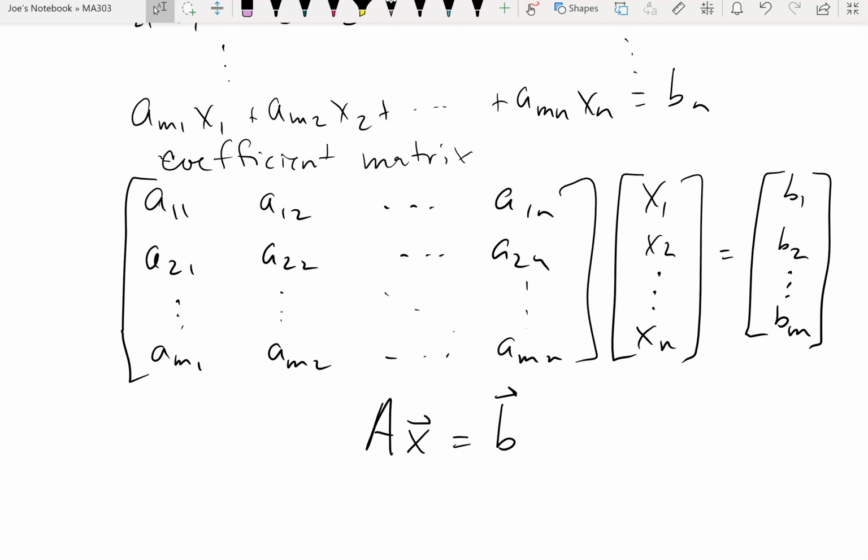Again, the idea behind this is these are still matrices. We're just writing it in a slightly different form because they only have one column. All right. So back to the idea I was just mentioning a minute ago.